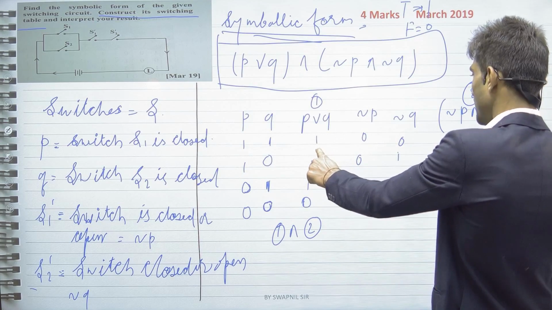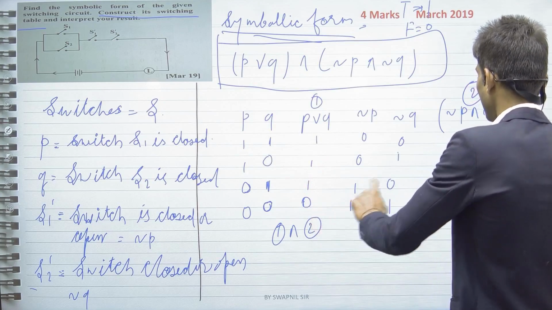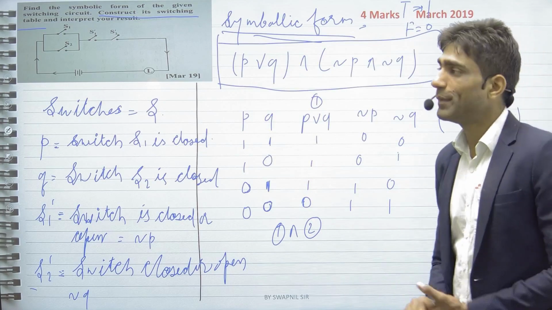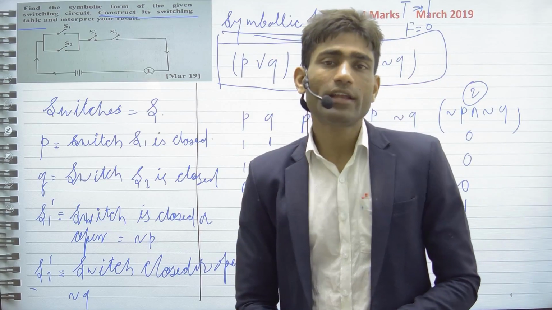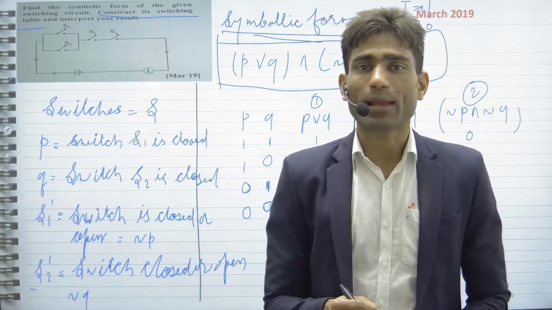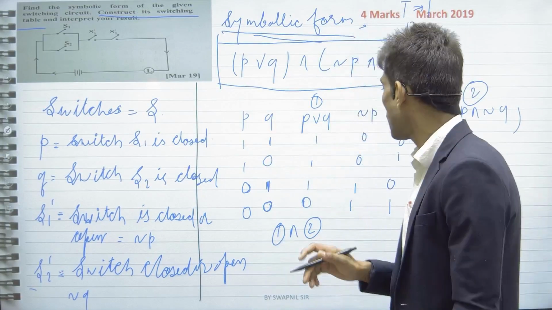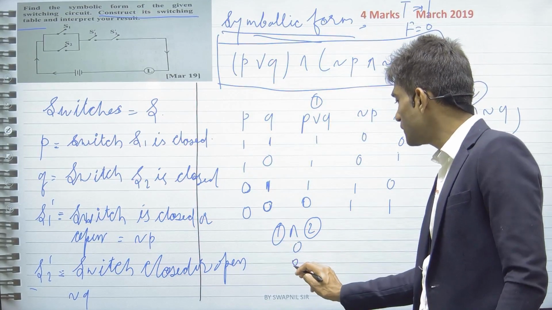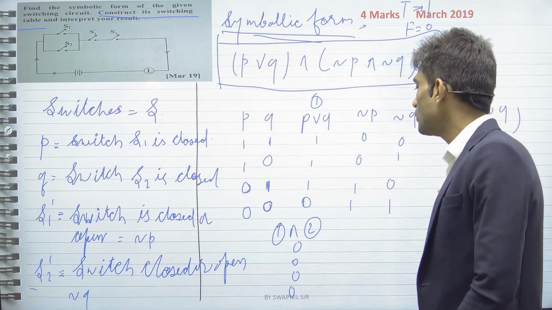Now see the first, second, third and fourth rows: both statements do not have the value 1 or true at the same time. In such a case, take all of these values as falsy: 0 0 0 0.